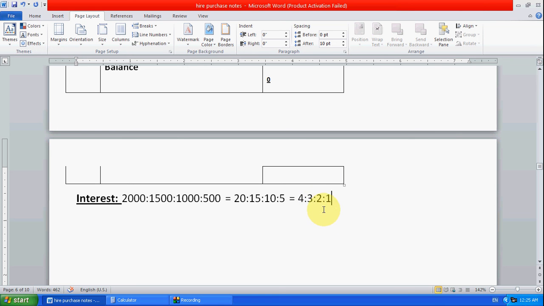So overall, 4 plus 3 plus 2 plus 1 is 10. Now we have to take how much extra it is.